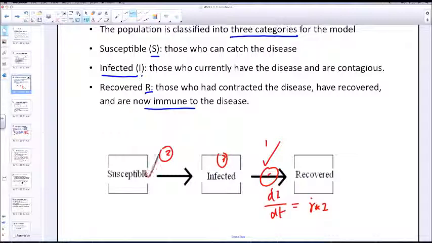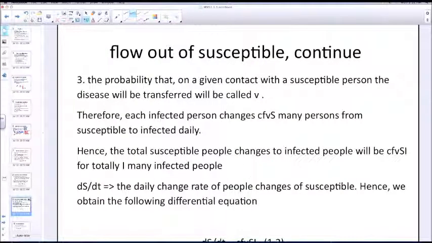Now let's talk about the flow out from the susceptible. How many from the susceptible flow into the infected in the second part?